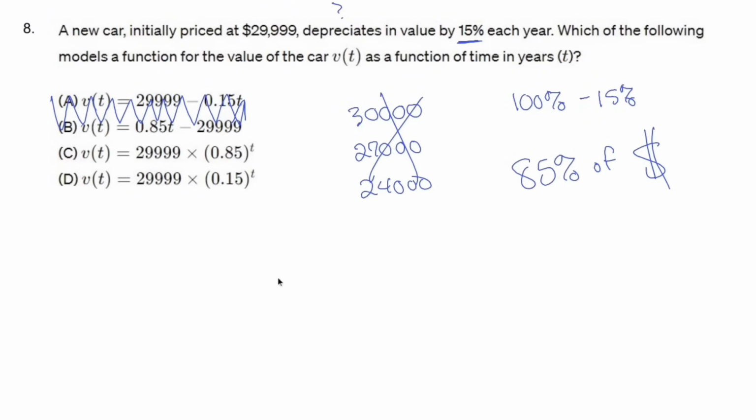So what we're going to do is we're going to take our initial value, multiply it by 85%, which is 0.85, and we're going to repeat the process every t years. So that after 2 years, we do 29,999 times 0.85, whatever that number is, times 0.85 again. You're going to take 85% of the new price after every single year.